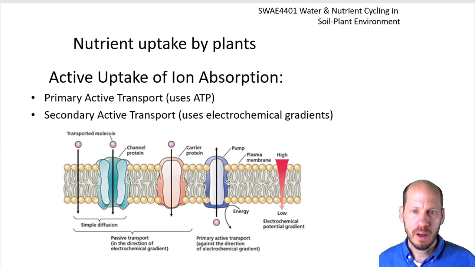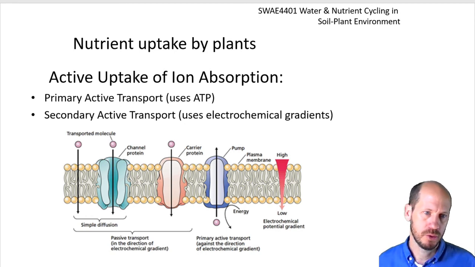So you need to have some transporters, some molecules, some proteins that will use ATP, will use energy to move these molecules from the extracellular environment into the intracellular environment. This is the case for phosphate, for sulfate, and basically most of the anions in the soil system. You will need transporters that will regulate the uptake of these nutrients.